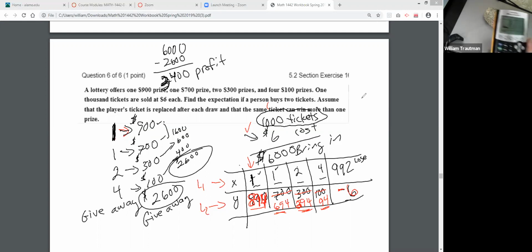Okay, so that's what I ended up with. Mine looks like this: 1124992, 894, 694, 294, 94, and -6. And then we want to find the expected value. By the way, it does say find the expected value.